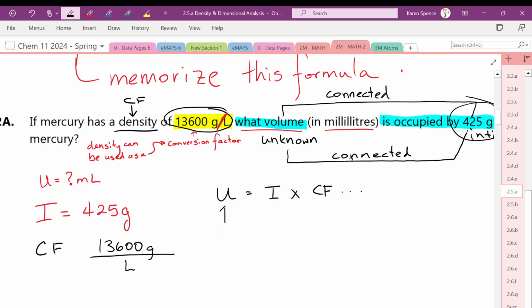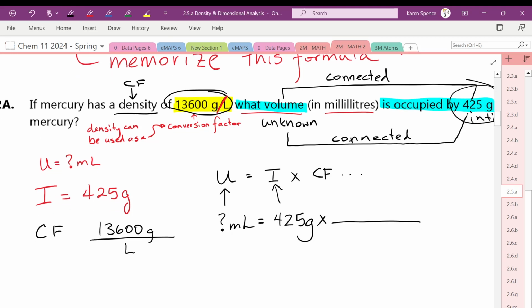Fill them in. What is our unknown? How many milliliters? Equals. What is our initial quantity? 425 grams. Absolutely. There we go. 425 grams. And now we're going to put in our conversion factor.